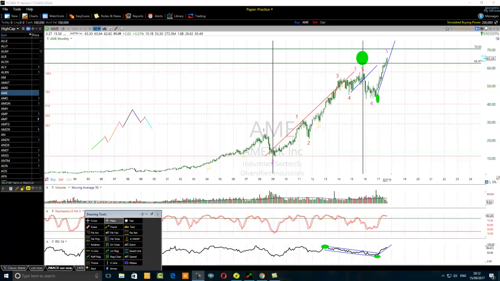So whenever we see a wave that is subdivided into 1, 2, 3, 4, 5, and the third wave is not the shortest wave, and the fourth wave is not overlapping the first wave, and the second wave is not cancelling the first wave, we have an impulse wave. It's very simple, and I think everybody can understand that. What can we do with that Elliott wave rule?